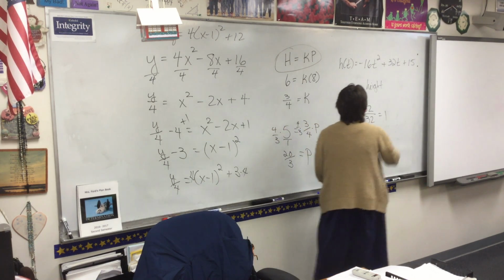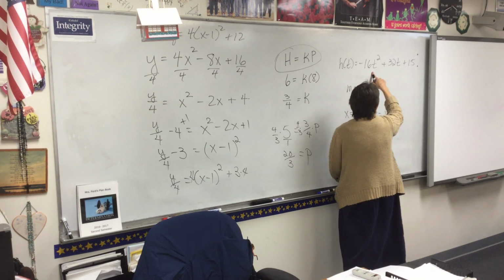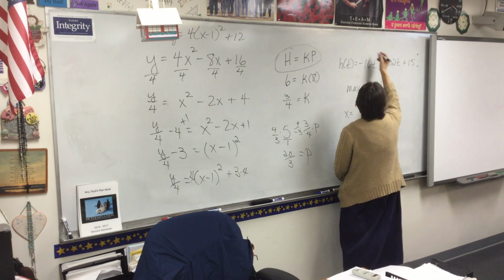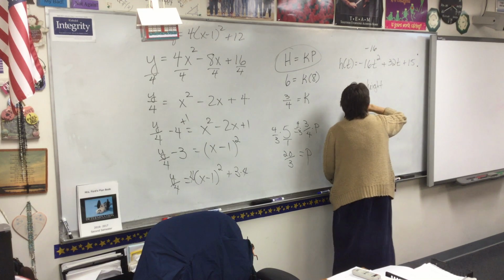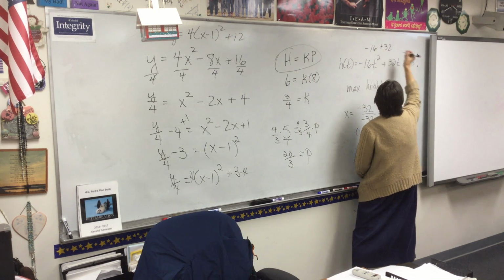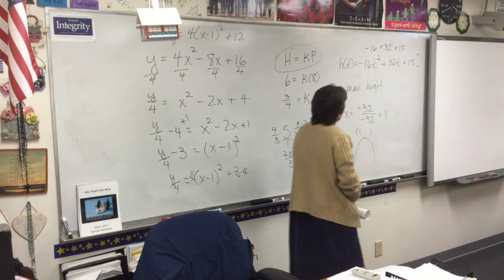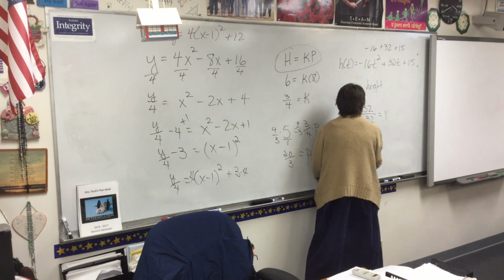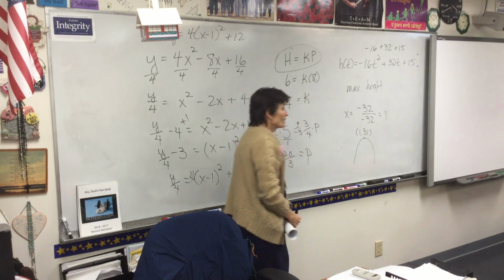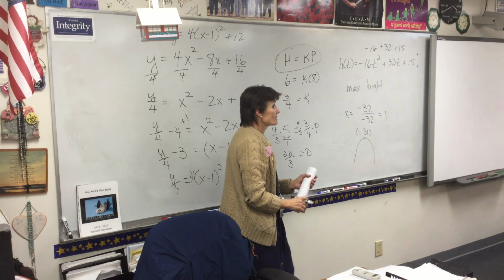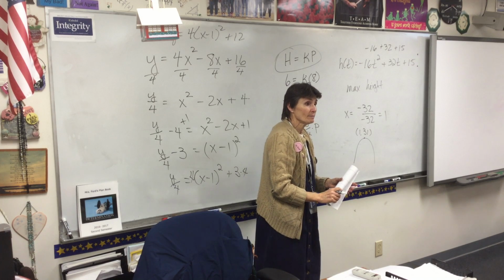Plug it in. So remember, you square first. So 1 squared is 1, so that's negative 16, plus 32, plus 15. 31. So the vertex is (1, 31).